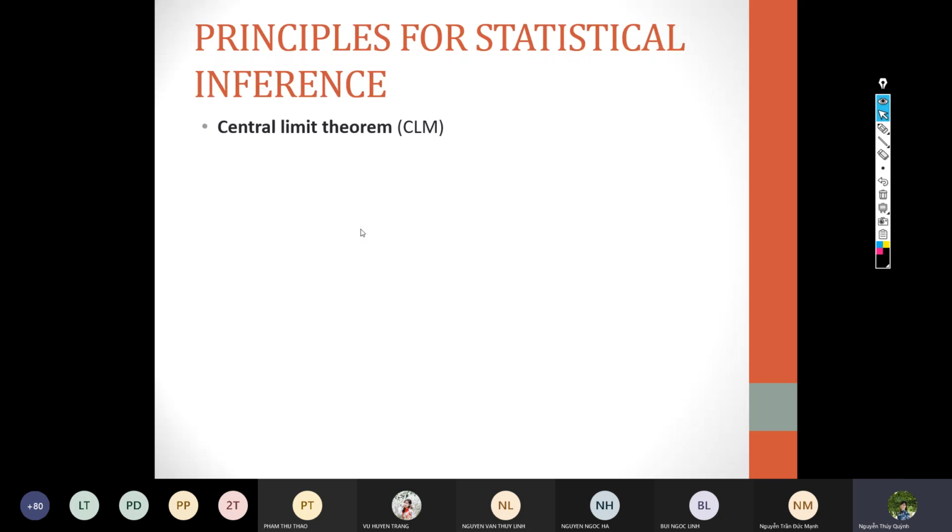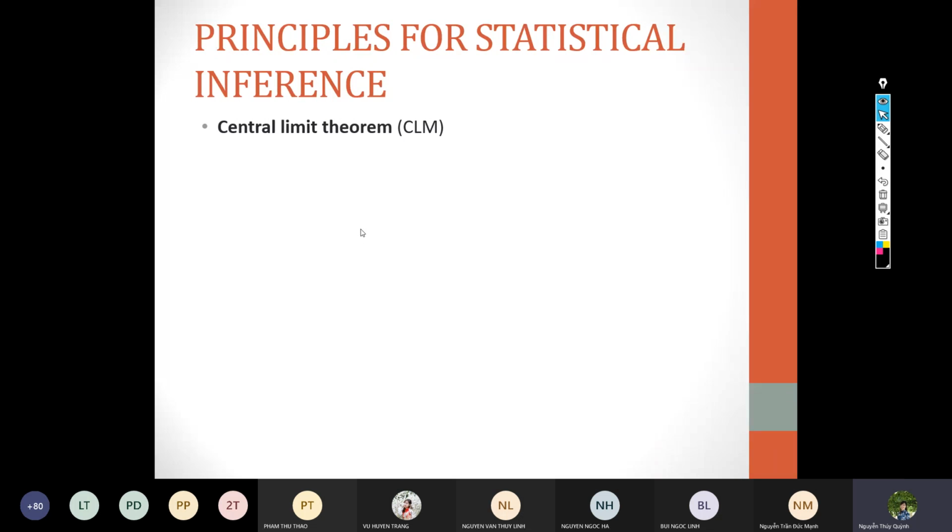Before we move to interval estimation, let's discuss the central limit theorem, which we will also mention again in the next chapter.